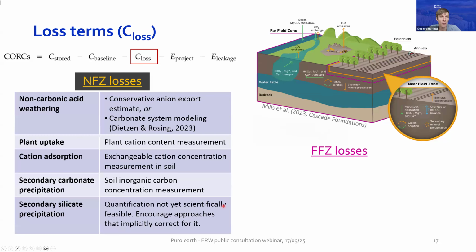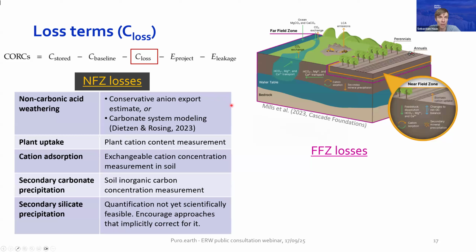So the near field zone losses that are dealt with in this methodology are non-carbonic acid weathering, plant uptake, cation adsorption, secondary carbonate precipitation, and secondary silicate precipitation. The latter is a bit of an exception because there's no quantification approach that is scientifically feasible currently. So approaches that implicitly correct for this particular loss term are encouraged.